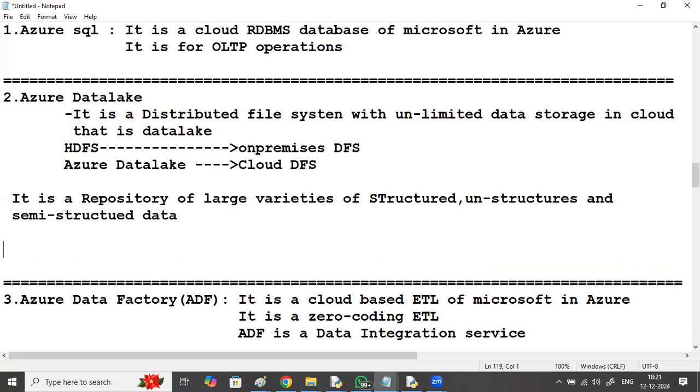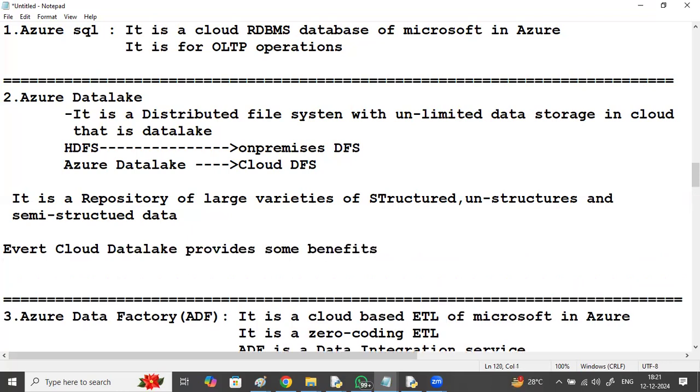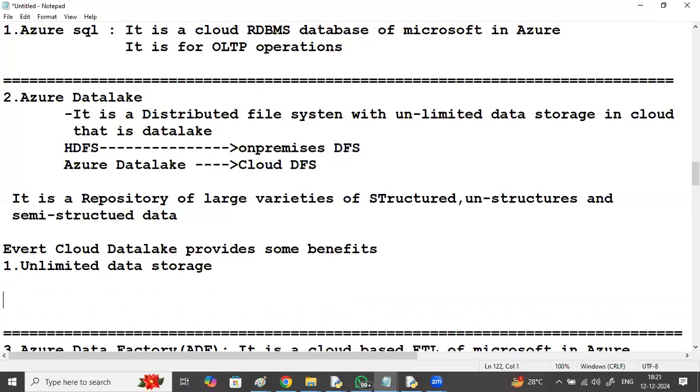Not only Azure Data Lake, every cloud data lake provides some benefits. First thing is unlimited data storage. Secondly, it supports all varieties of data.